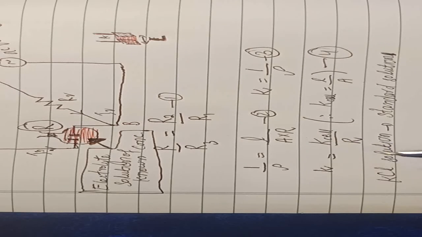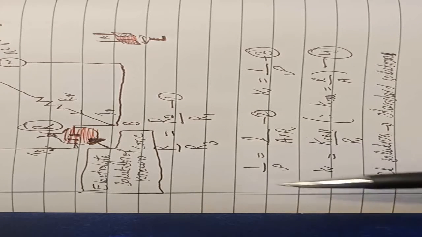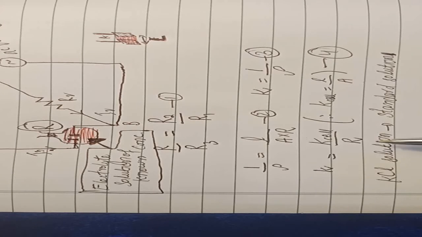For an unknown solution, we need to take the solution with a known concentration, measure the resistance of the solution, and then the conductivity of the solution can be calculated using equation 4.